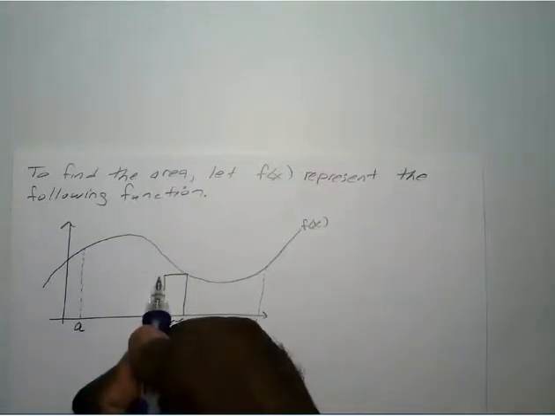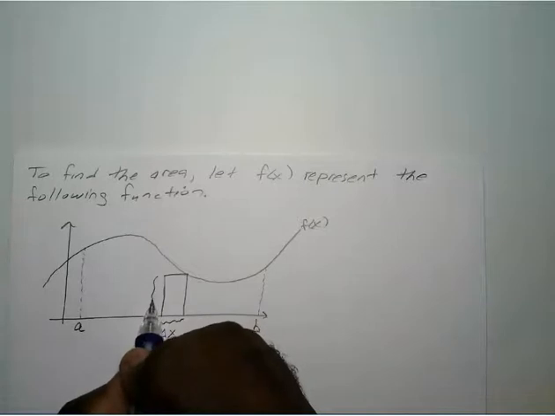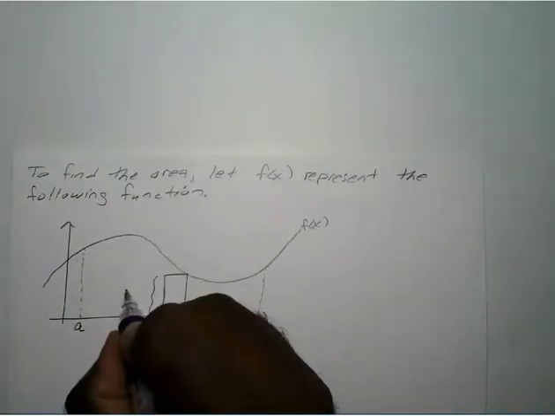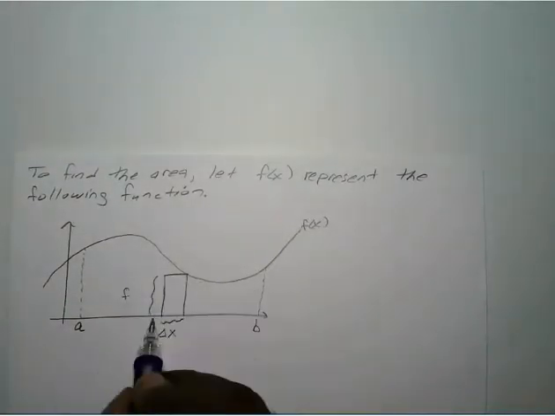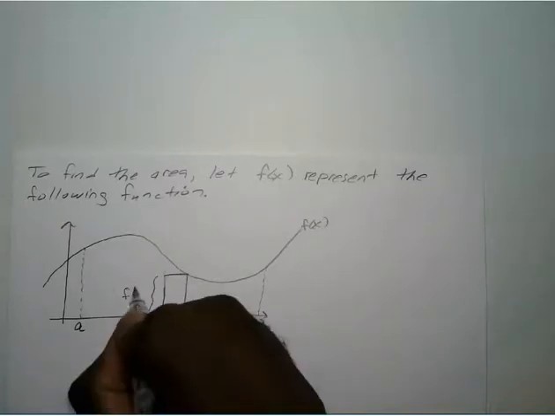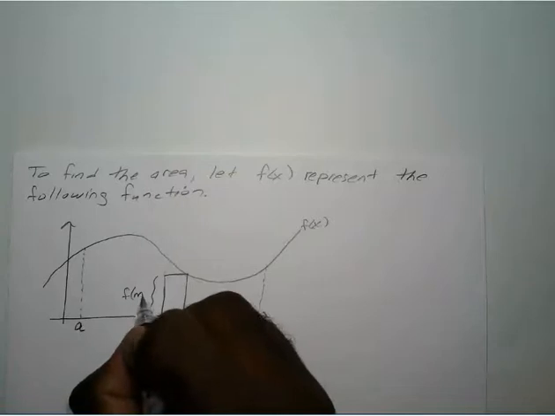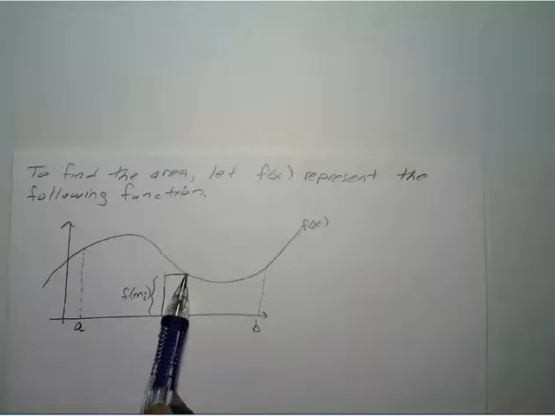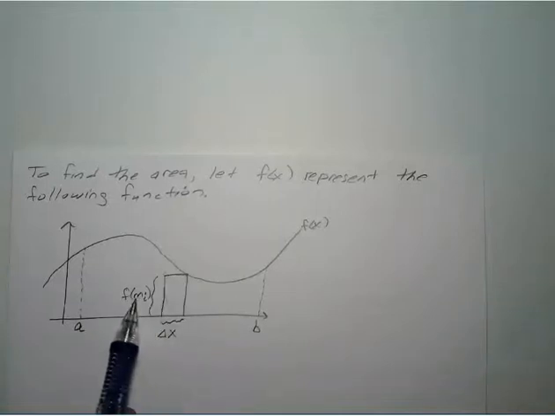Since it's decreasing and touching the right side of the graph, we know that's inscribed. So this is our inscribed rectangle, and we'll call its height, remember we're just going from here to that inscribed rectangle, f of m sub i, because your f of x is whatever point on the graph.